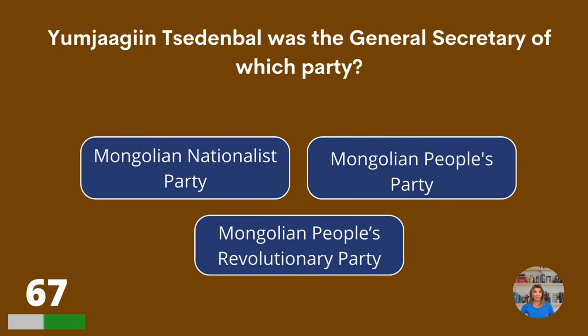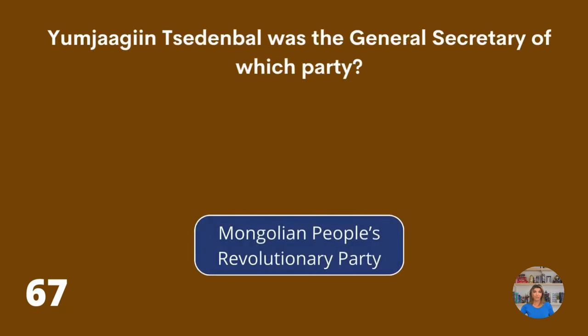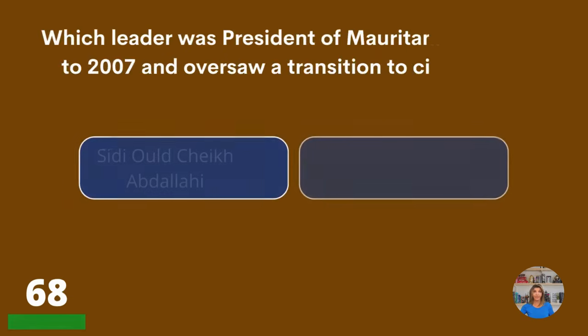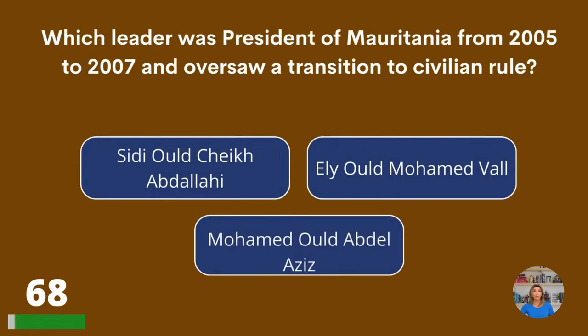Mongolian Nationalist Party, the People's Party, or the Mongolian People's Revolutionary Party? The Mongolian People's Revolutionary Party. Which leader was president of Mauritania from 2005 to 2007 and oversaw transition to civilian rule?